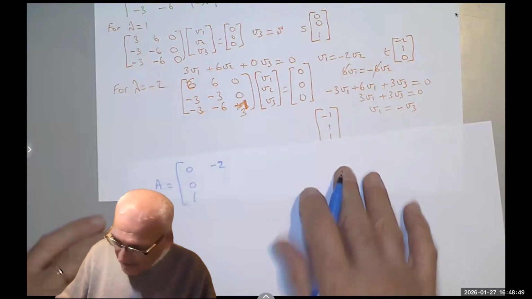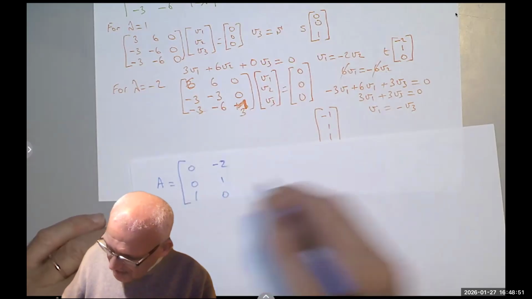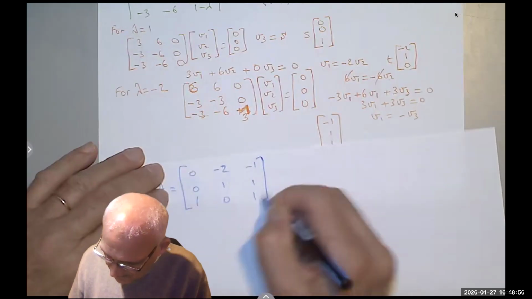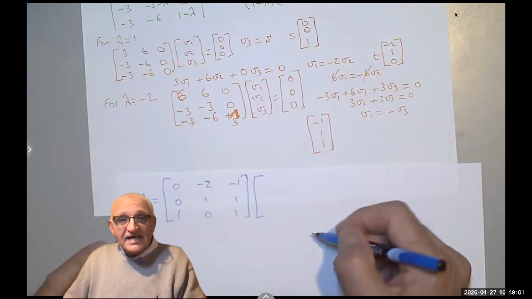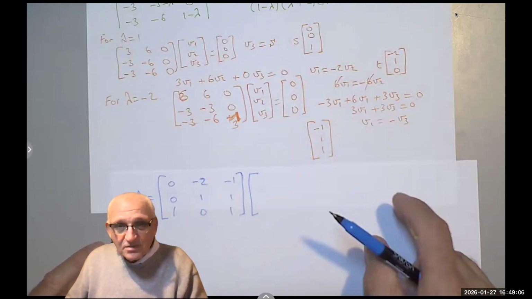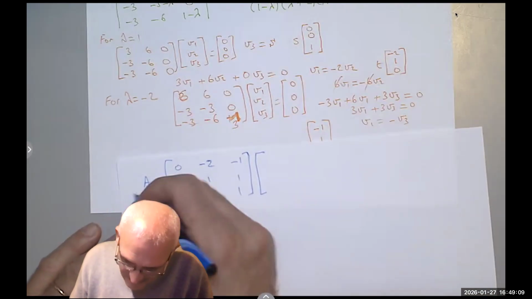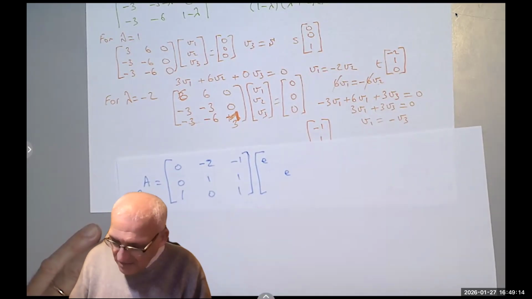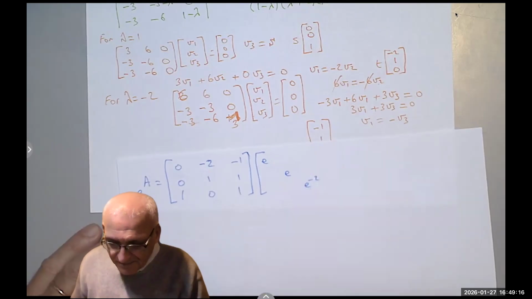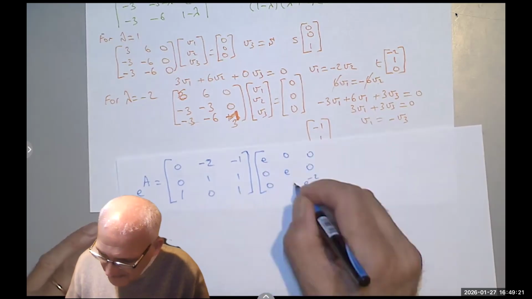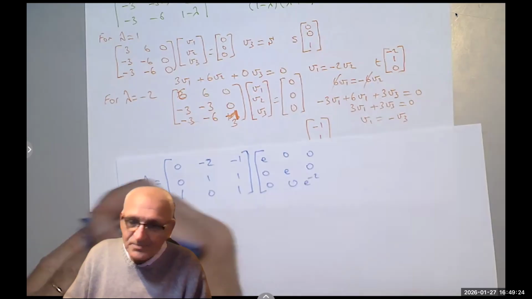Here they are. Negative 2, 1, 0, and negative 1, 1, 1, times, here the diagonal would be the eigenvalues 1, 1, negative 2. But to save time, I can say e to the A is e to the 1, e to the 1, e to the negative 2, right? And the rest are zeros, just to save time, instead of writing A and then taking the exponent of that.